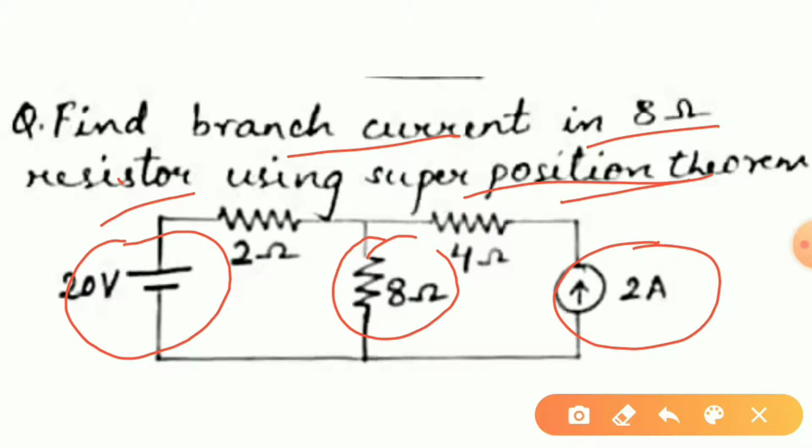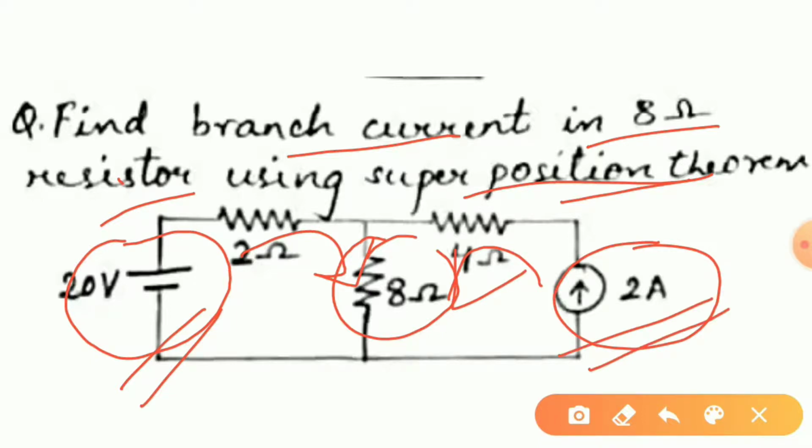Case 1 will state finding current flow in 8 ohm due to the voltage source of 20 volt. Case 2 will talk about finding current flow through 8 ohm because of the current source of 2 ampere.